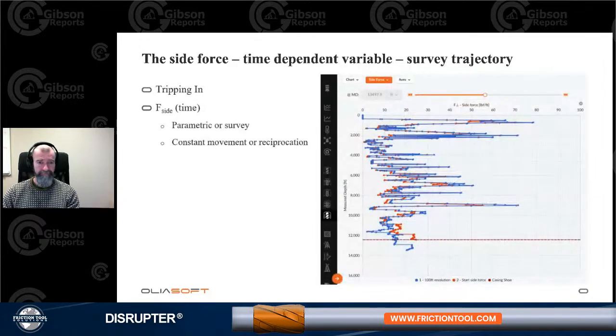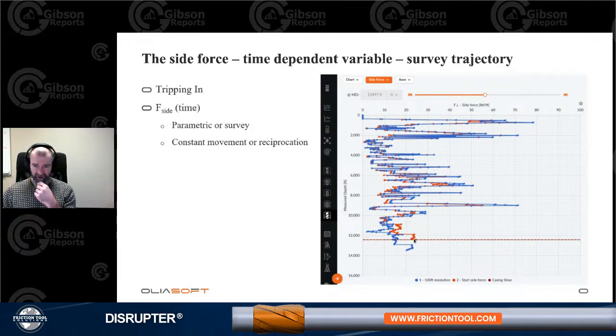So let's see. I mentioned that the side force is a time dependent variable. So basically what I've done here is I'm comparing the side force when I'm at different locations, just to illustrate that actually the side force changes by quite a lot as you move down into the well.